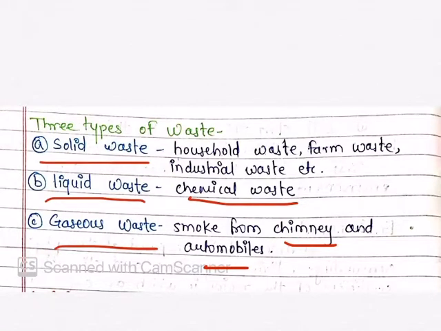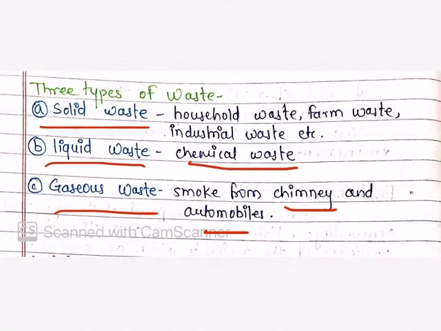When we see the physical characteristics of the waste, it may be present in solid form, liquid form or gaseous form. Depending upon these, waste is categorized into three types: solid waste, liquid waste and gaseous waste.